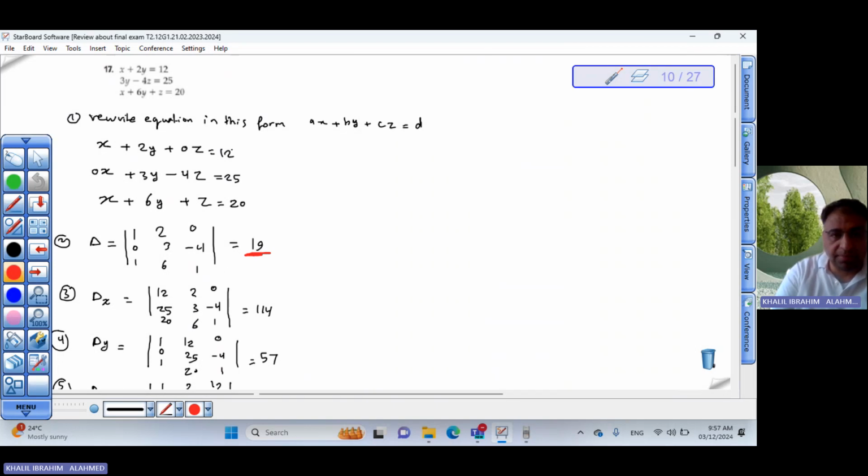In the same way, replace the coefficient of x here by the constant numbers. Okay, as you see here, these are the constant numbers, 12, 25, 20, and the other elements stay the same, don't change. Okay, in the same way, we can find this in your calculator.